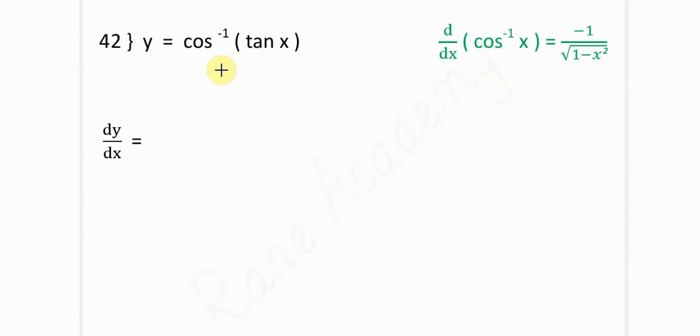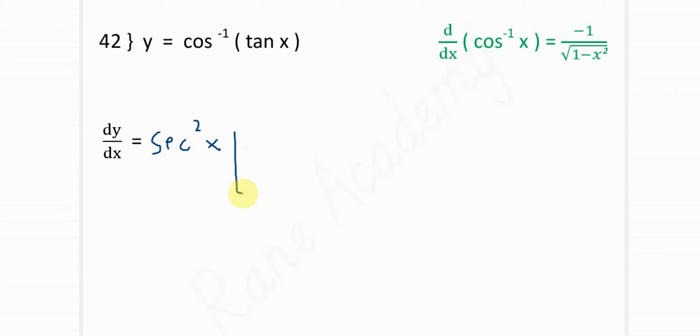Question number 42. What we have, y is equal to cos inverse of tan x. So derivative of cos inverse x is minus 1 upon under root of 1 minus x square. So instead of x what do you have? Tan x. So we differentiate tan x. The derivative of tan x is sec square x. So instead of x we have tan x, and derivative of tan x is sec square x.